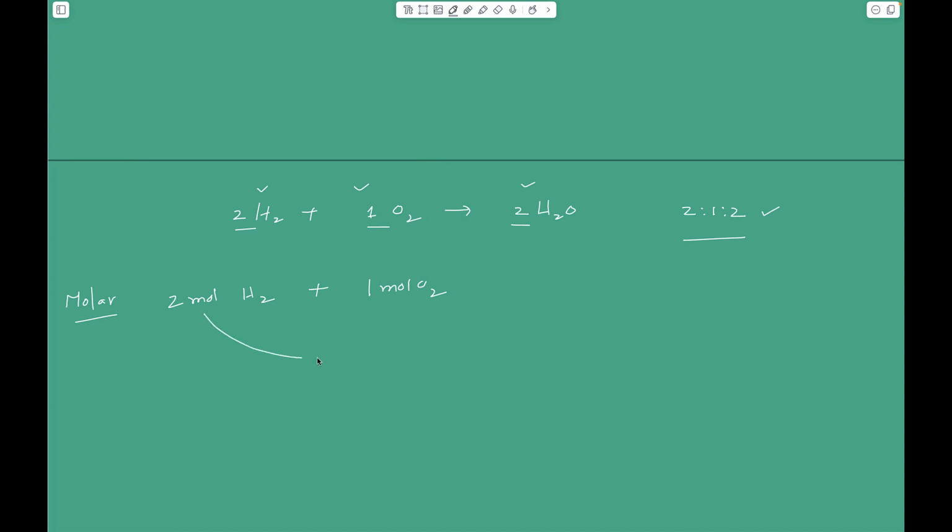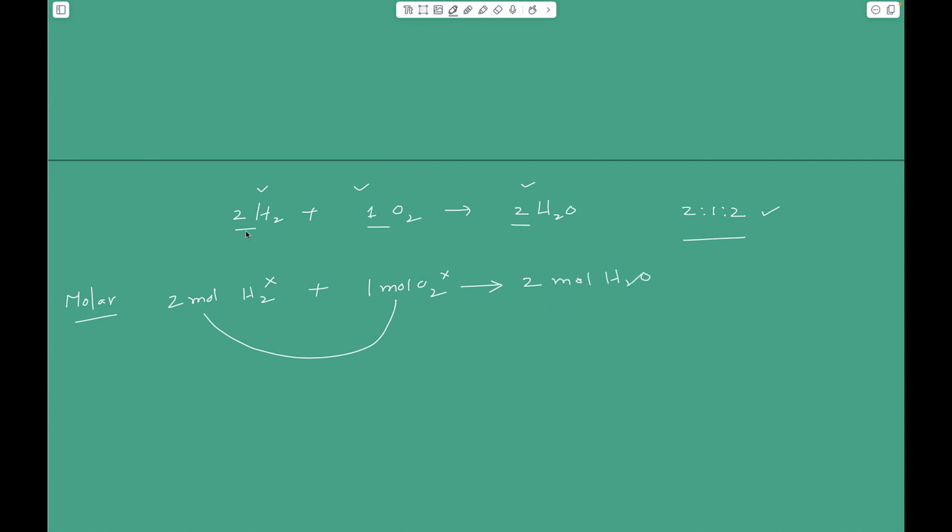And if you take hydrogen and oxygen in this proportion, then at the end of the reaction, there will be no leftover hydrogen or oxygen, assuming the reaction goes to completion. And in that process, for every mole of oxygen that you took, you would get 2 moles of water.